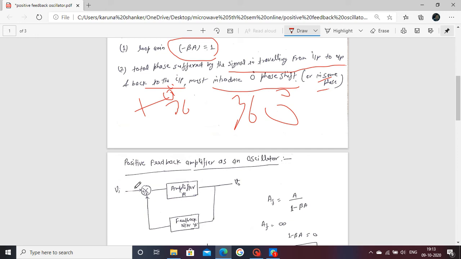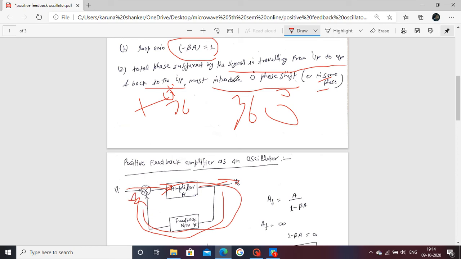This is the input. The input is provided here, it is amplified, and the output comes here. Again the feedback circuit moves the signal to your input side. This complete path of the signal follows a zero phase shift.